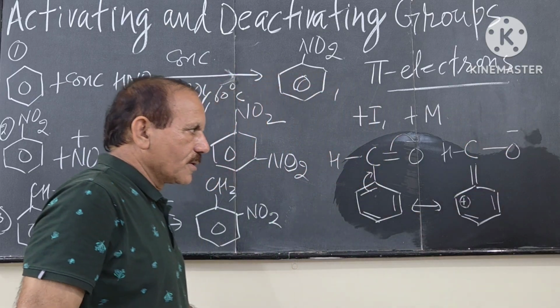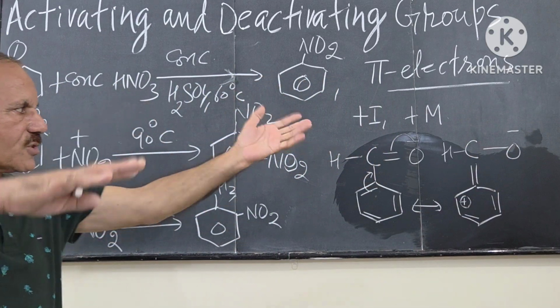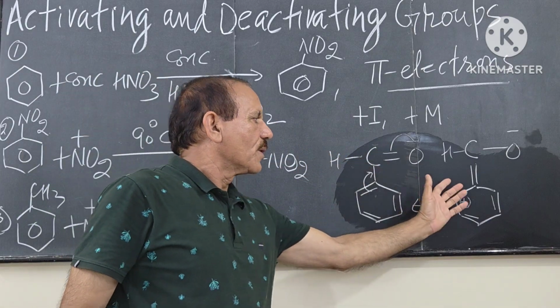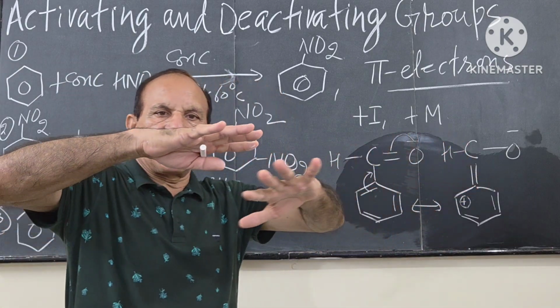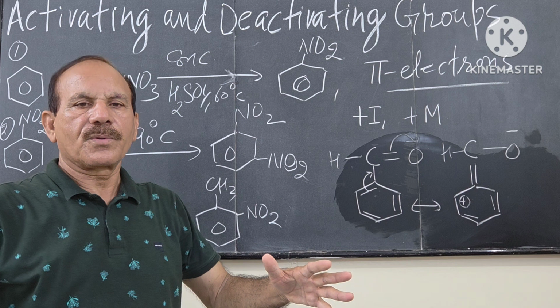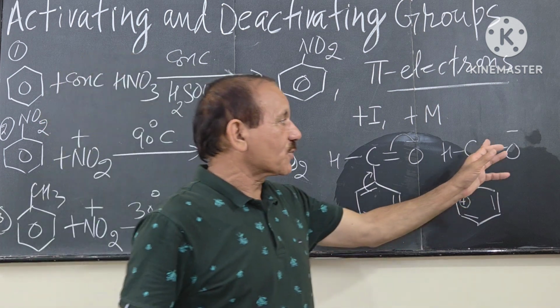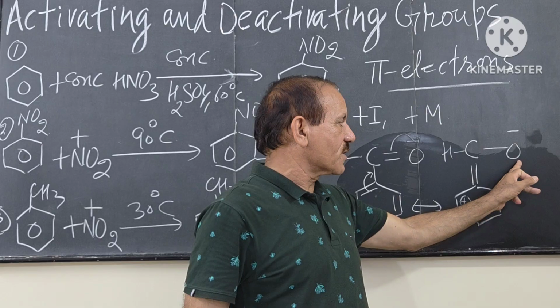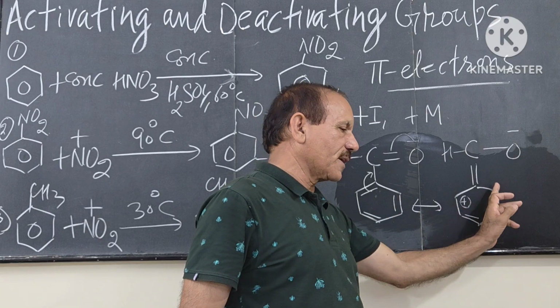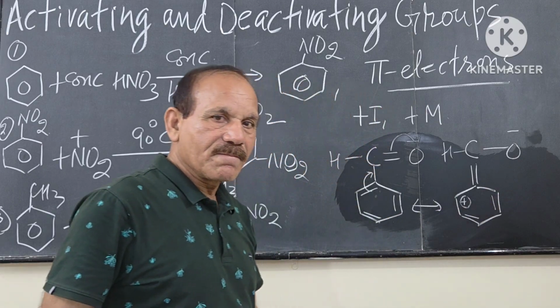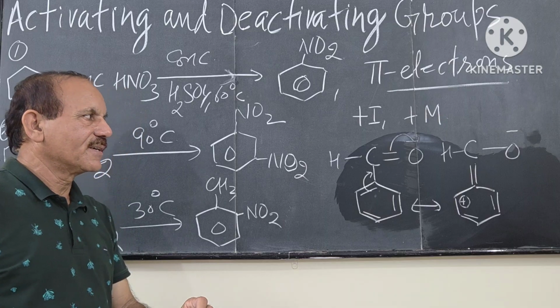It means that because of this group CHO, positive charge spreads on the benzene ring, or the electron availability is on oxygen, not on the ring, and hence the ring deactivates.